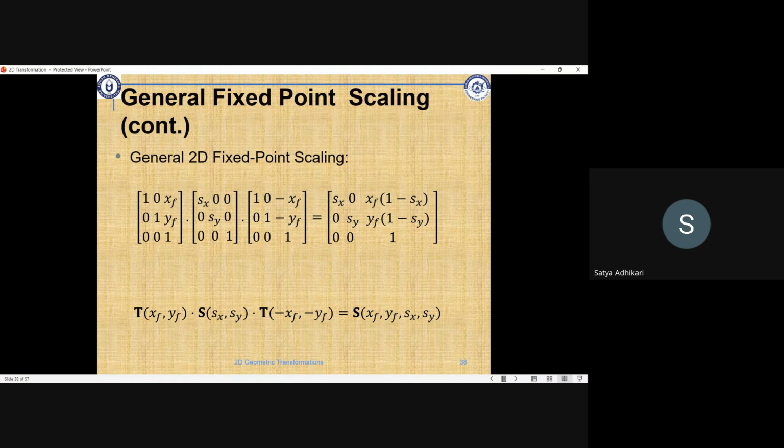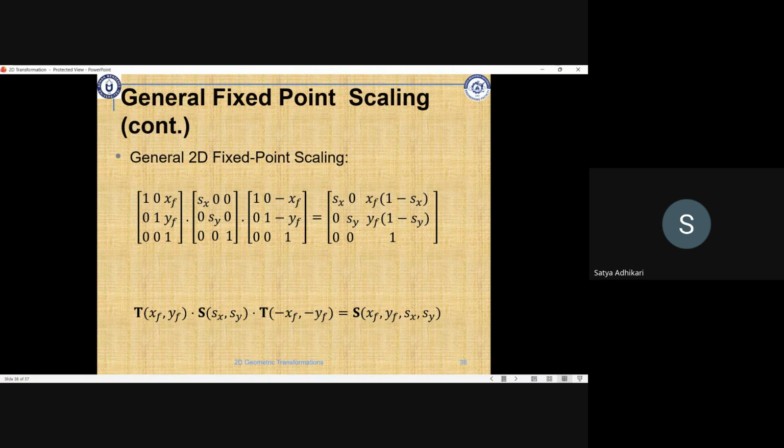So it is T(xf, yf) into S into T(minus xf, minus yf), that is the inverse translation. That is why the coordinates are minus xf, minus yf, and you will get the resultant matrix, with sx and sy. S is the original form after scaling.